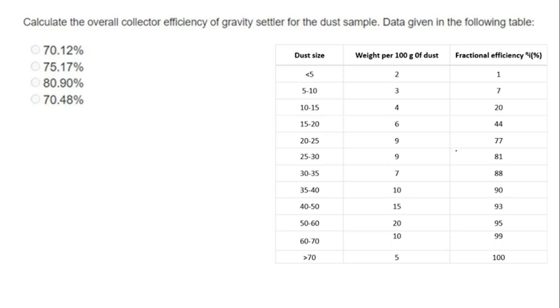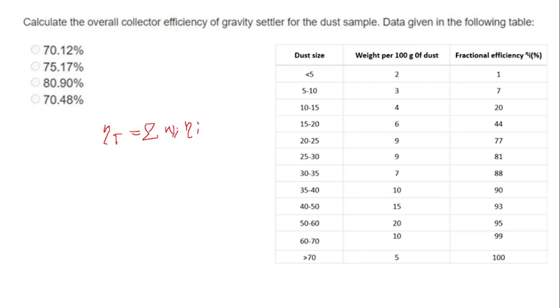And coming to the last problem of today's session, calculate the overall collector efficiency of gravity cyclone for the dust sample data given in the following table. What is the right answer? So I have already told you, total efficiency is calculated with the help of the fractional efficiency, which is the summation of Wi.